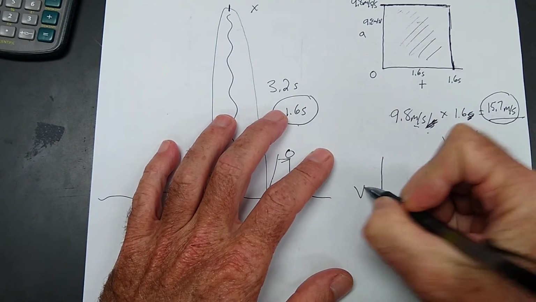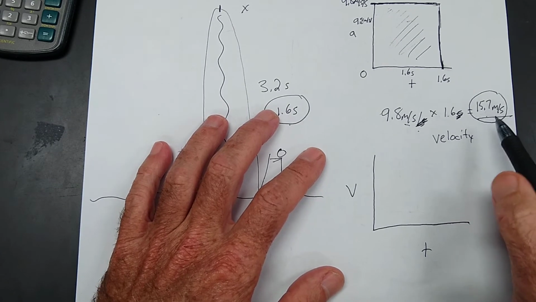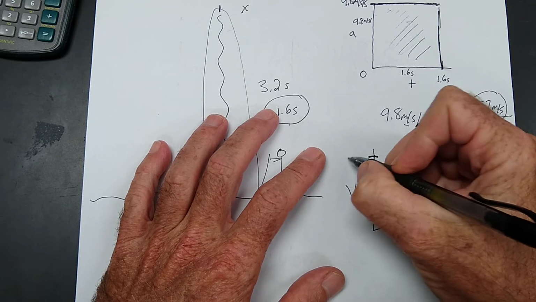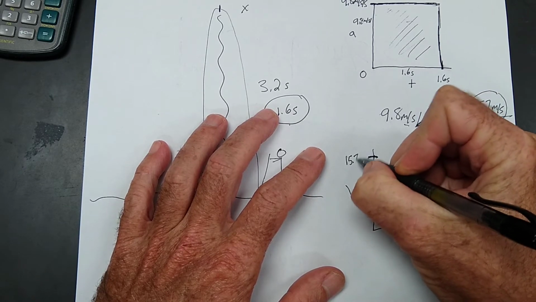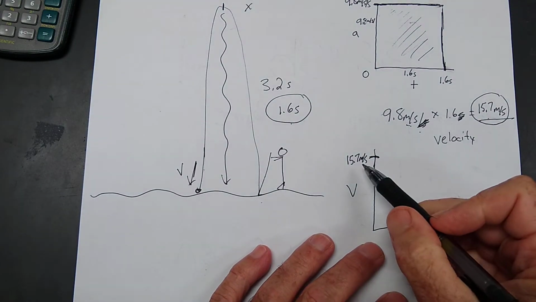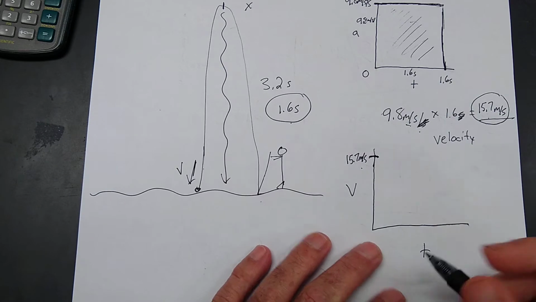We're going to make a velocity over time graph. The maximum velocity that we reached was 15.7 meters per second, right?